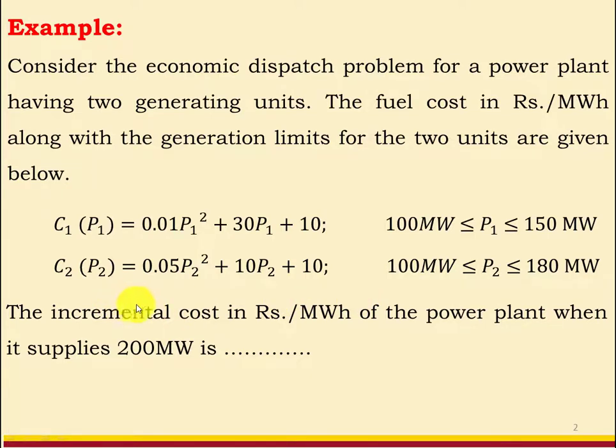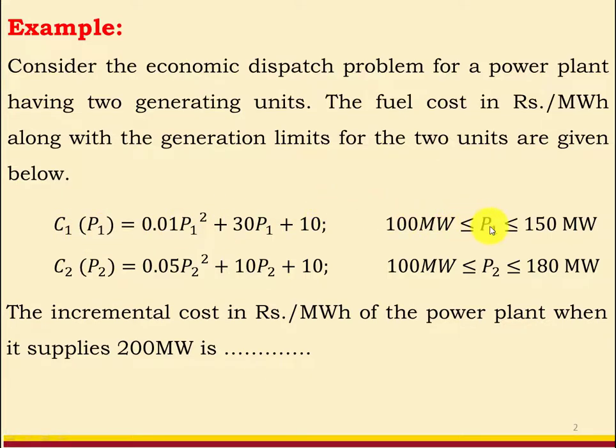The incremental cost in rupees per megawatt hour of the power plant when it supplies 200 megawatt is? A few things we should understand here. What is the meaning of this? C1 in bracket P1 means that C1 is a function of P1, and C2 in bracket P2 means that C2 is a function of P2, because operating cost depends on the power generation.